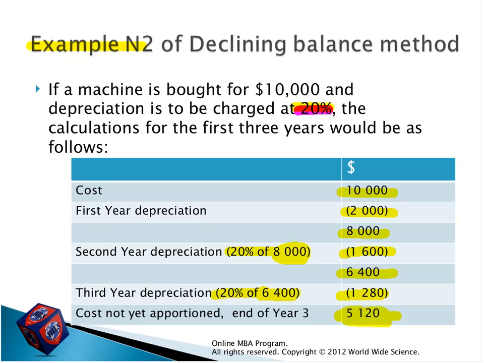In the straight line method, the rate would be one divided by 3 years, multiplied by 100 to get a percentage.